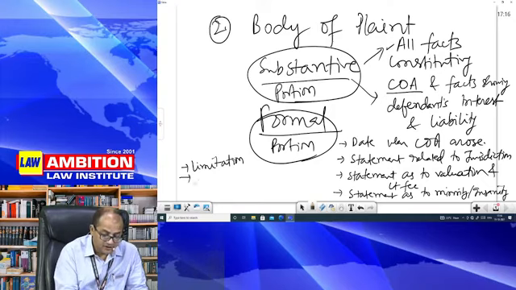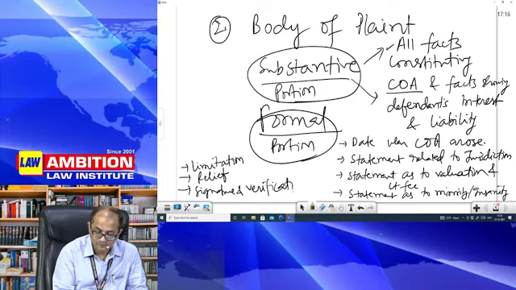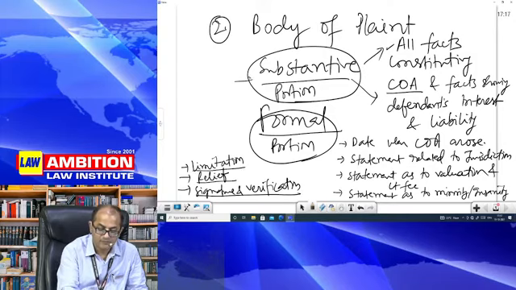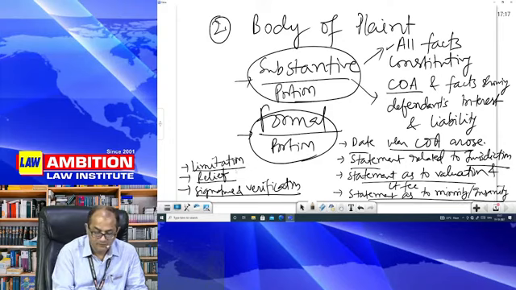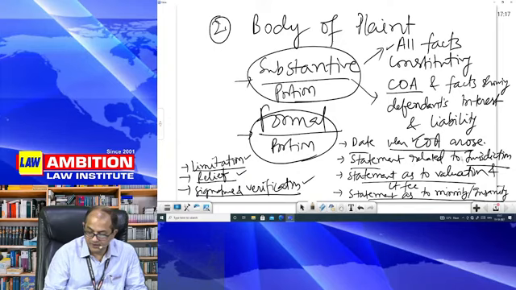Then it says relief. And then signature and verification. So these are two parts, substantive and formal.